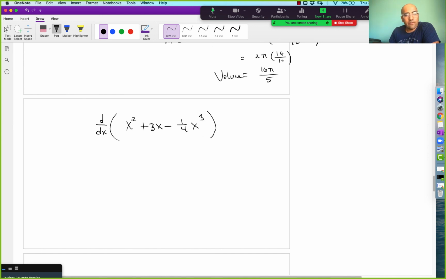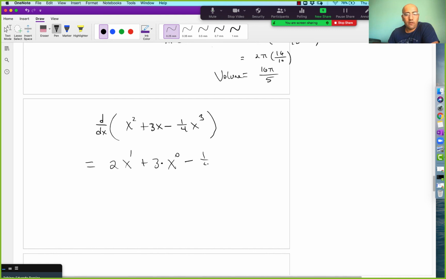When we're taking derivatives, remember the rule was to move this exponent out in front, like a linear factor, and subtract 1. So as we find this derivative, we get a 2x to the first power, right? We put it out in front, subtract 1, plus 3 times, and then we move this out in front and subtract 1. We get x to the 0 power.